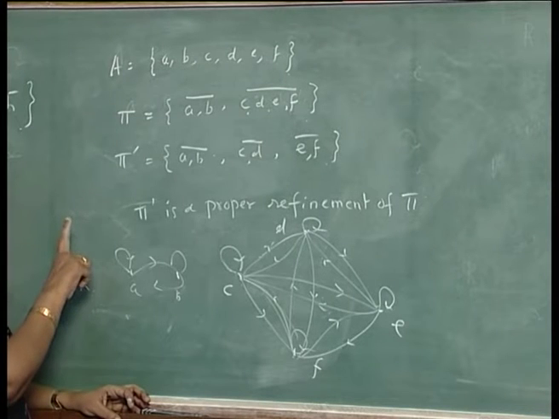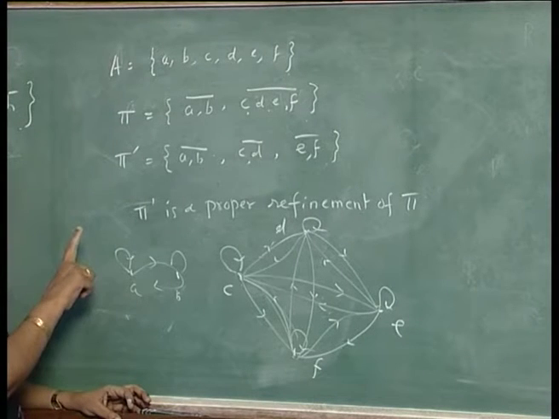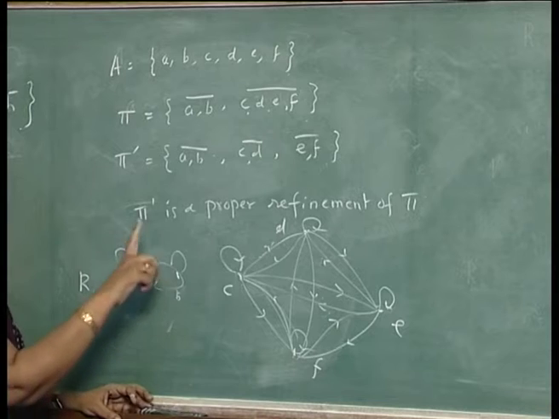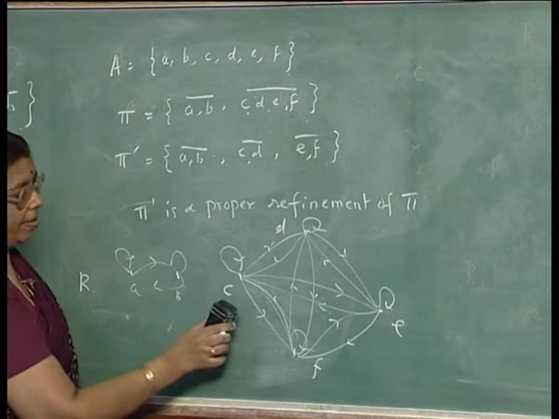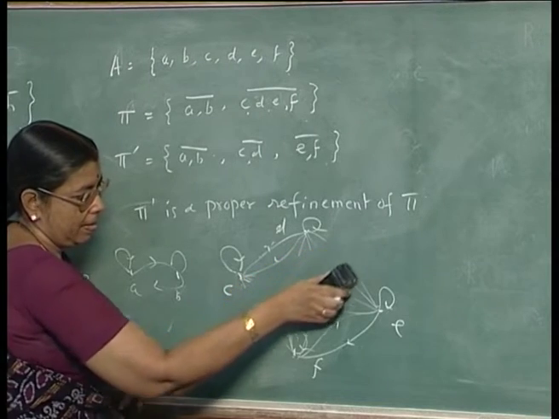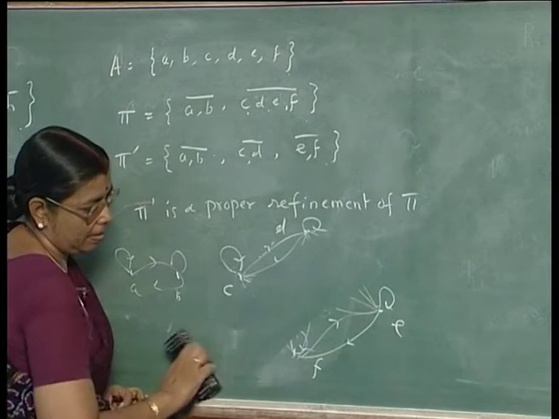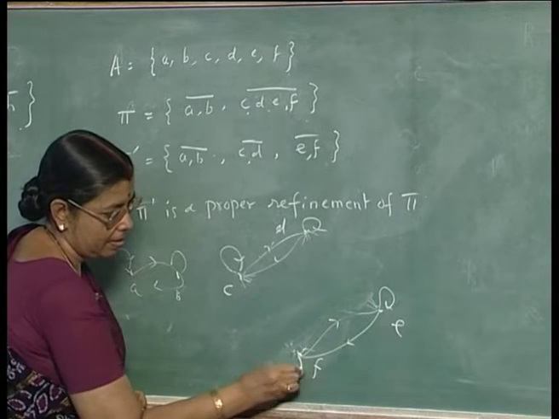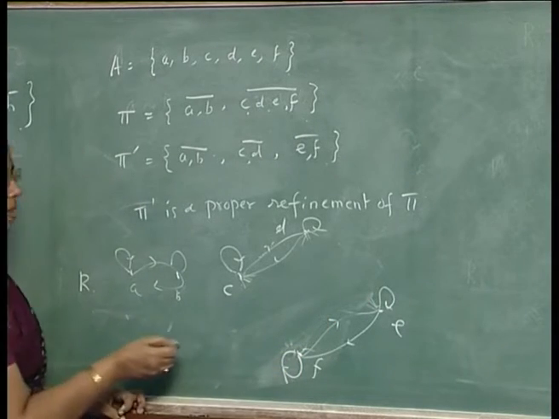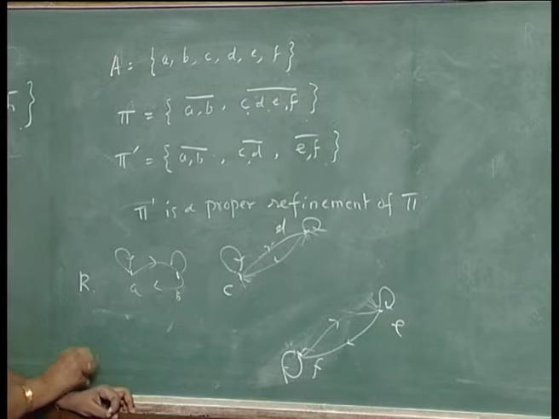Now, pi dash also induces an equivalence relation. It will not have all these pairs, but it will have these elements. Right?